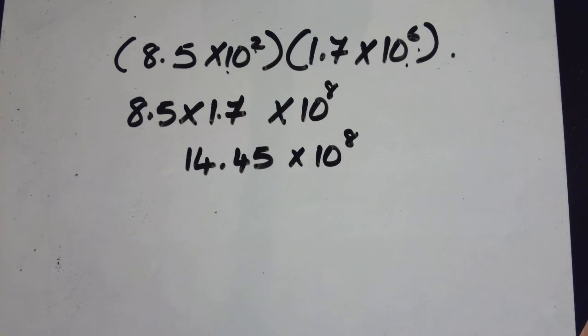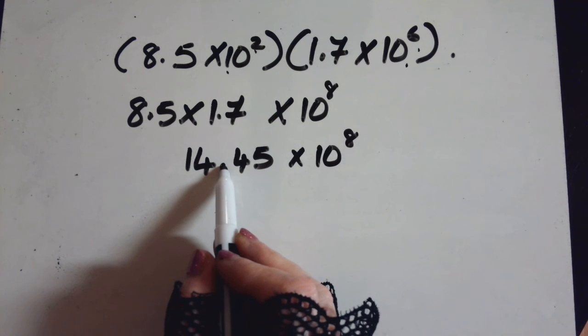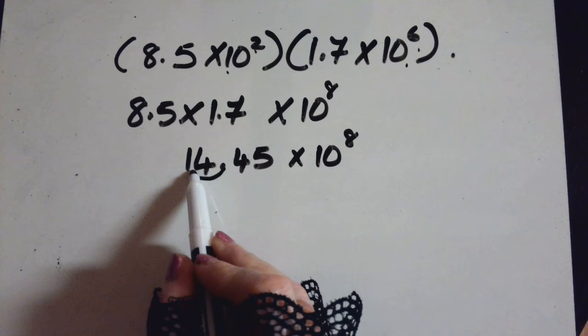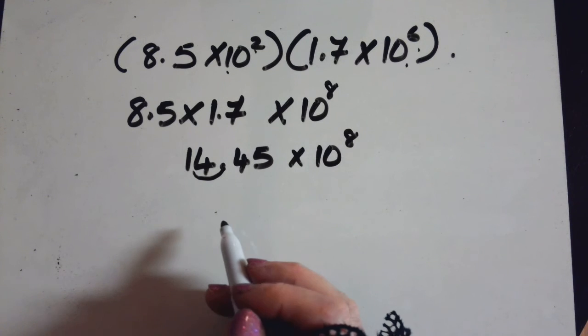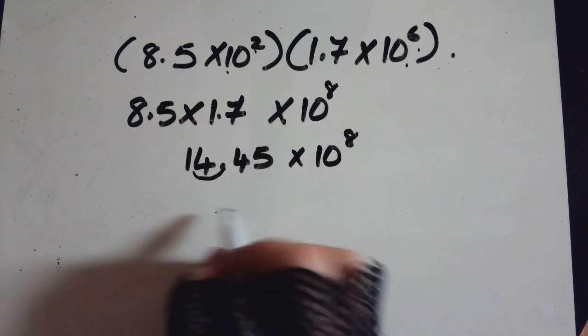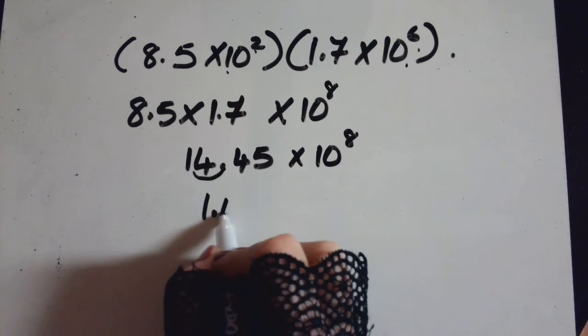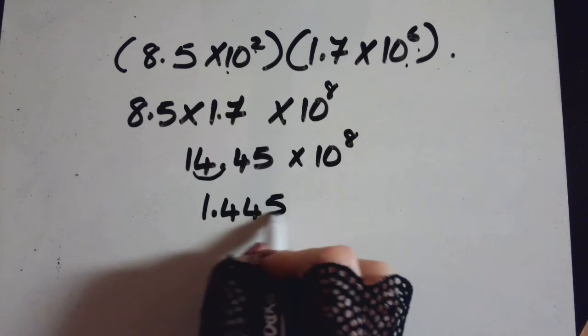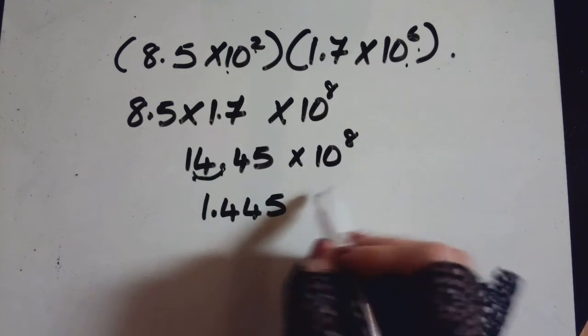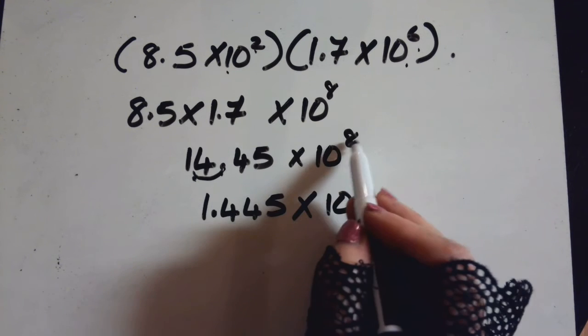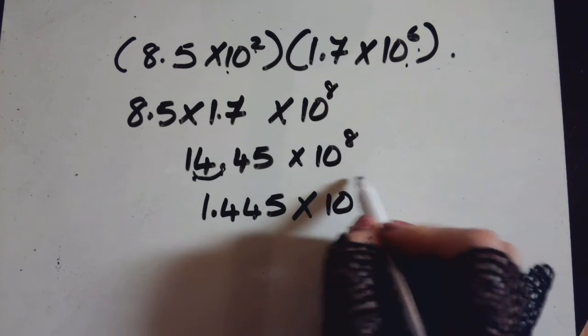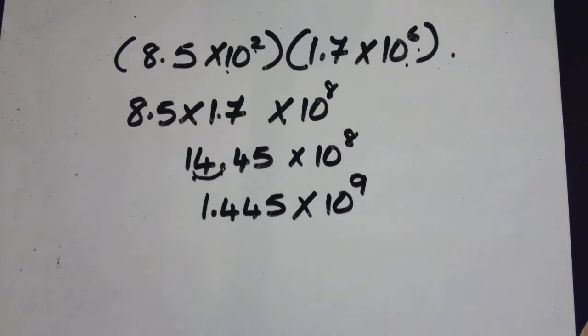So that looks good. You're showing all your steps, but the problem is that this is supposed to be here. So we're going to move it and make it a larger number. So now it's going to be 1.445. When I do that, it's going to add another 1, so it becomes 10 to the 9th.